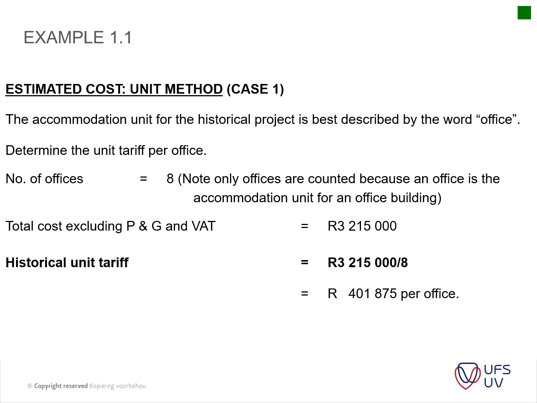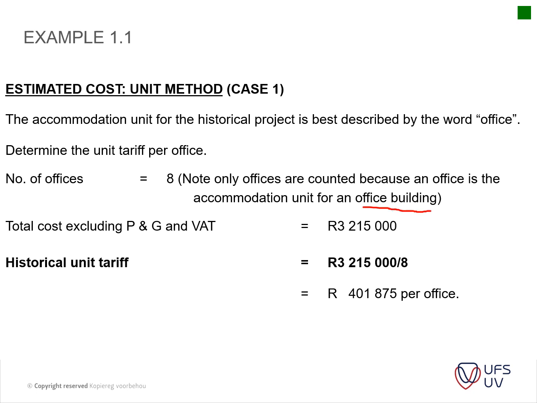So the accommodation unit for the historical building is best described as an office. To determine a unit tariff per office, we count how many offices there are. So 8 offices. Note, only offices are counted, because an office is the accommodation unit for an office building.